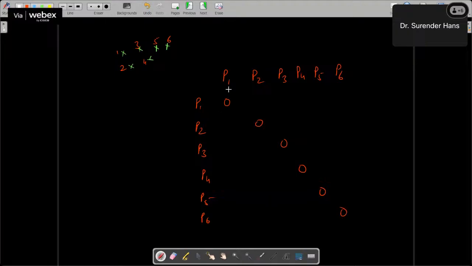Let's say the distance between P1 and P2 is 1. Then, for example, 2.8, 2.5, 3, 3.5, 1.2, 2, 2.3, 1.5, 1.7, 2.6, 2.1, and 3.2.